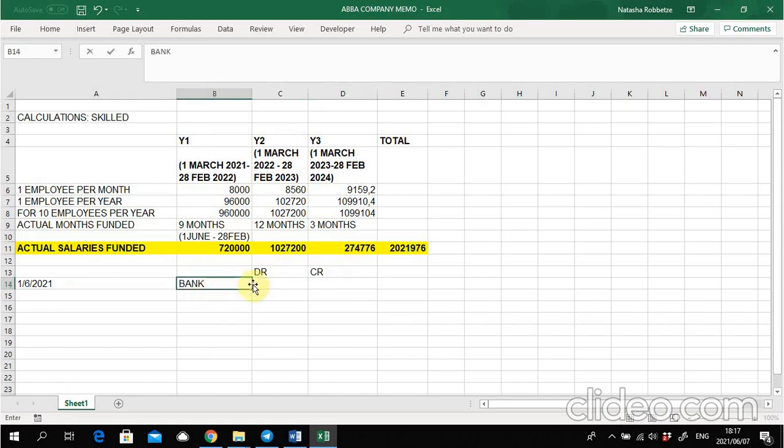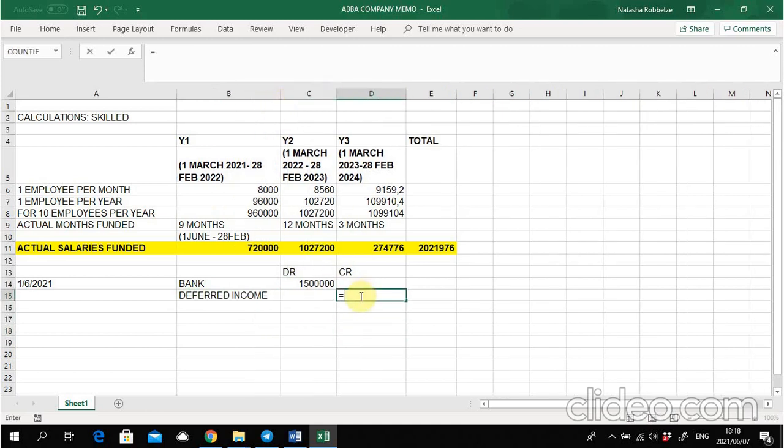Definitely my bank account, and I get for skilled workers only, because I'm now busy with required number A. So for skilled workers only, I get 1.5 million Rand. I am going to post it to deferred income because that is the policy.